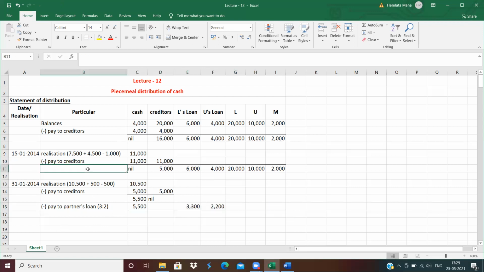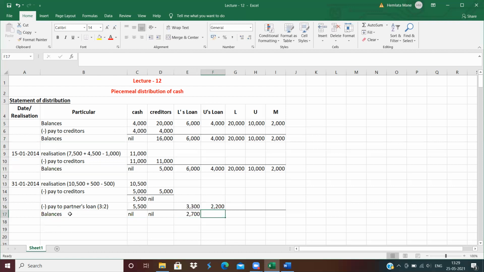Here write down the balances. Carry down the balances of all. Cash balance is nil now. Creditors also nil. Now L's loan 6,000 minus 3,300 means 2,700.